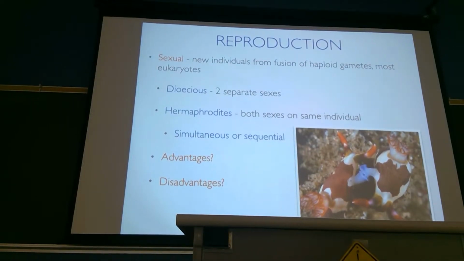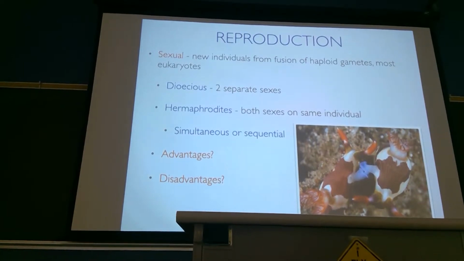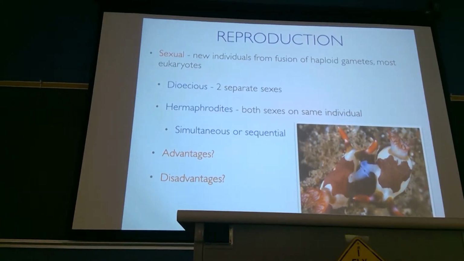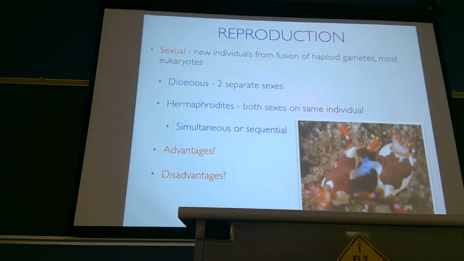It reduces competition directly with your offspring. Okay. Your offspring is going to be slightly different. Maybe you have slightly different resource footprints. Kind of the opposite of the disadvantages for asexual reproduction.